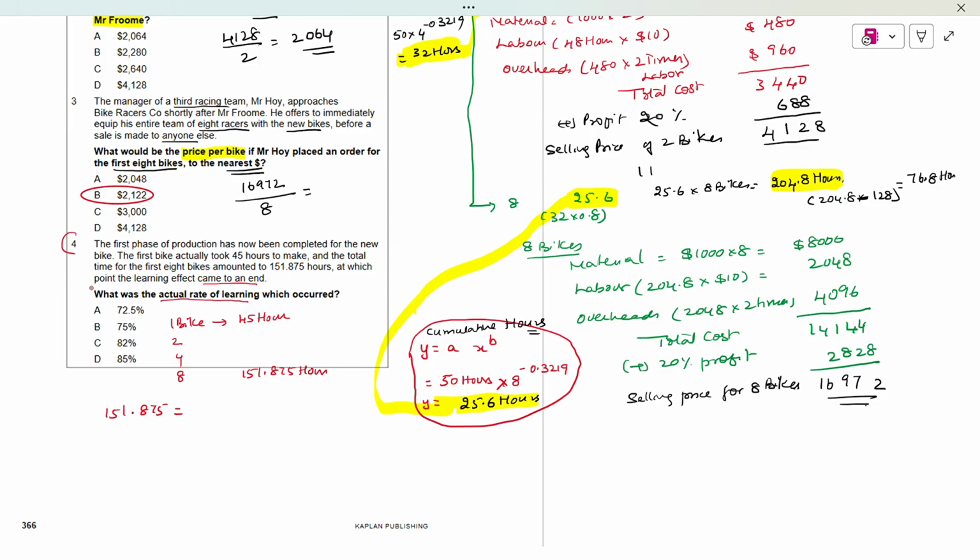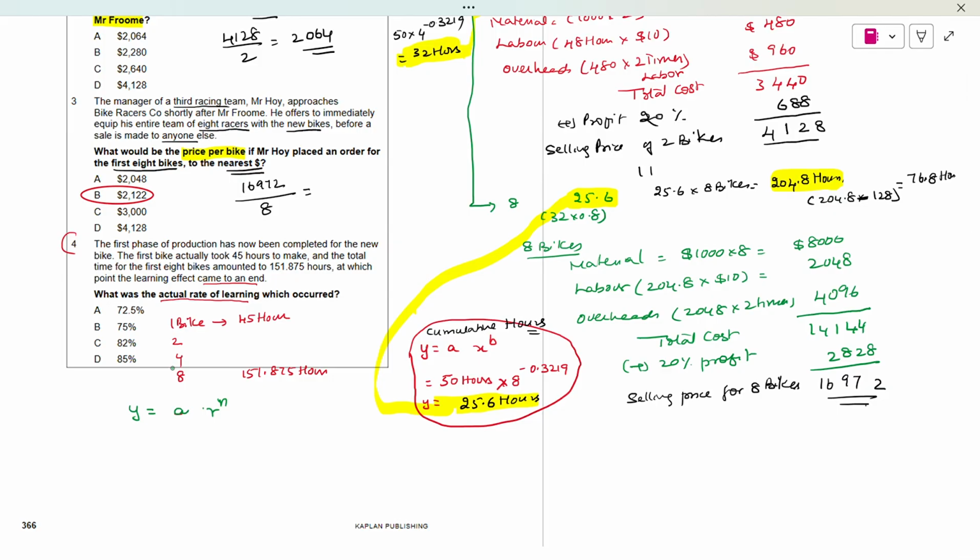What is the formula for the rate of learning? Y equals a times R to the power n.